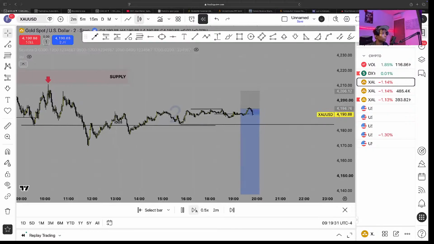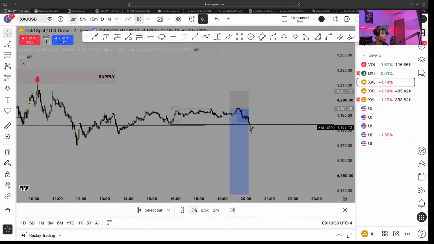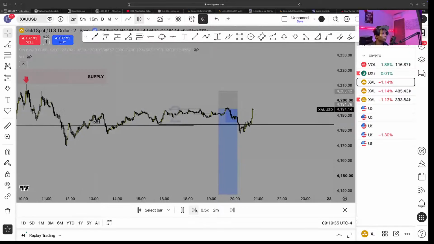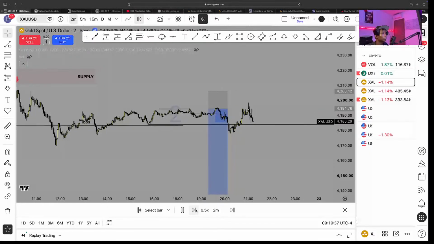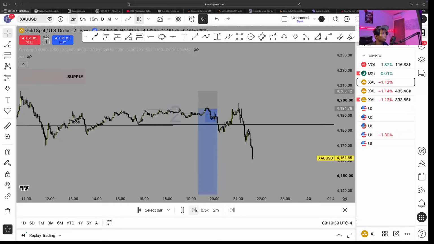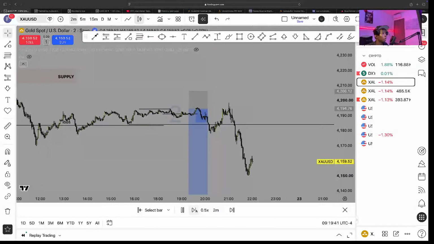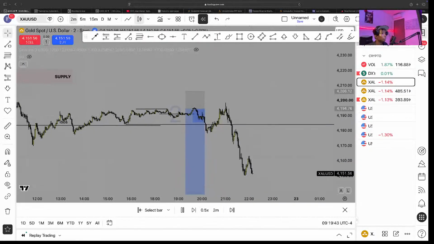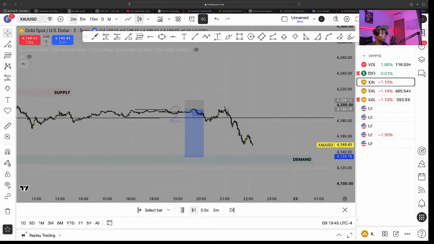Fast forward this thing in the front. See, my stop loss on the 2-minute looks so wide, but on the 15-minute, if you go down to 15 minutes, that's just the normal stop.